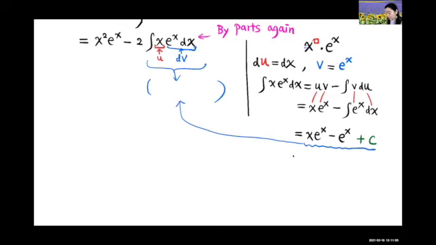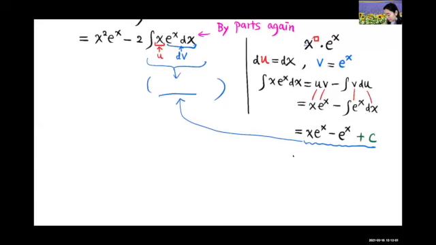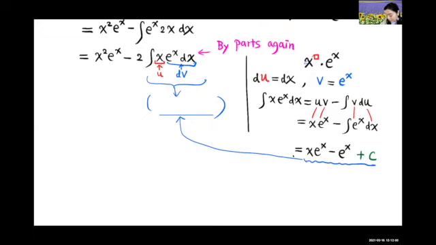Okay, so you just copy right here. Okay, so let's write down. So that will be x squared e to the x minus 2 times this result over here.